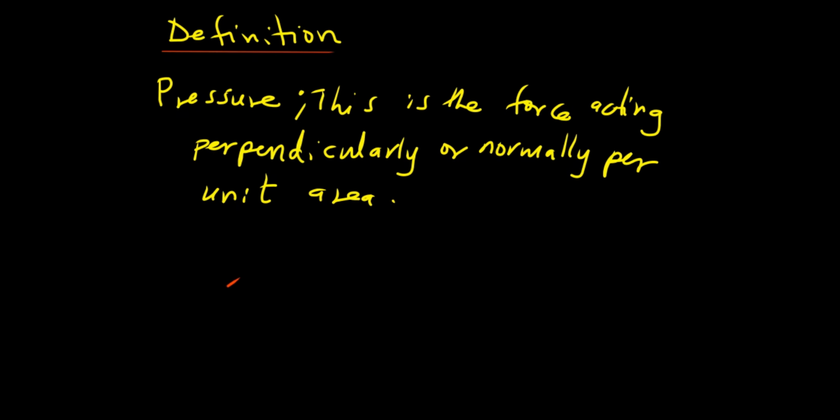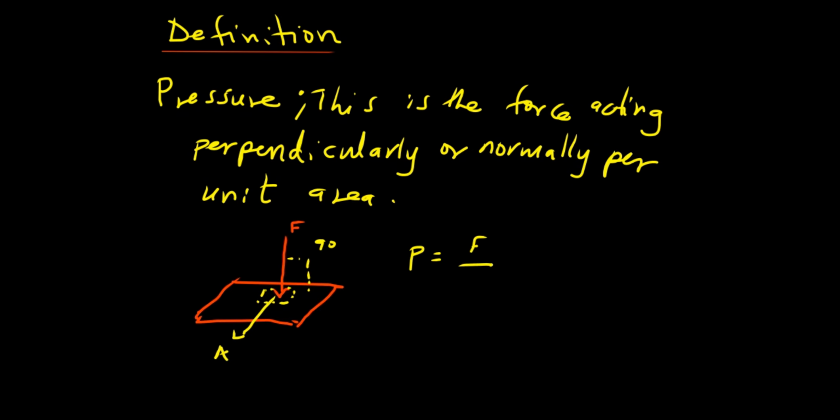It means that if you have the following, let's consider a cardboard, and you're exerting a force F on that cardboard, and let's say the force is at an angle of 90 degrees with the cardboard, such that it's exerting some force on an area A. Pressure will be equal to this force divided by the area that this force is acting on, and ensure that the force and the area are at 90 degrees.